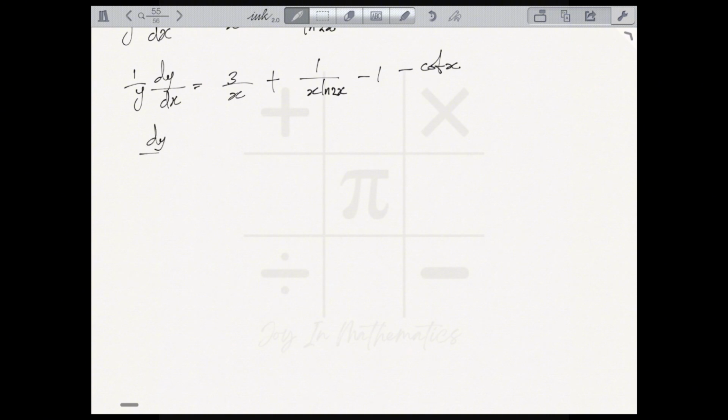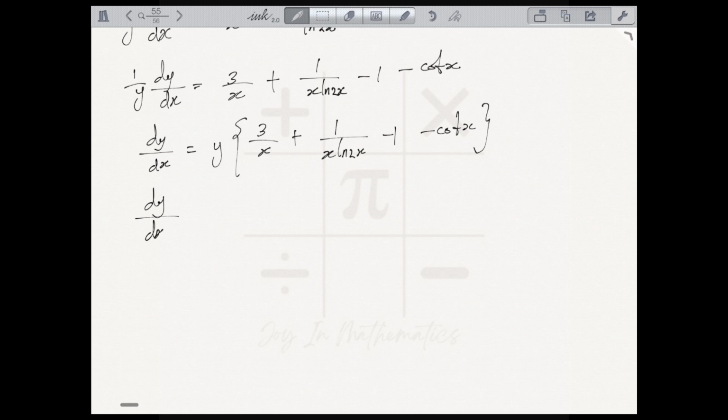Therefore, dy dx is y multiplied by 3 over x plus 1 over x ln 2x minus 1 minus cos x. dy dx therefore is equal to x raised to power 3 ln 2x e raised to power x sine x multiplied by 3 over x plus 1 over x ln 2x minus 1 minus cos x.